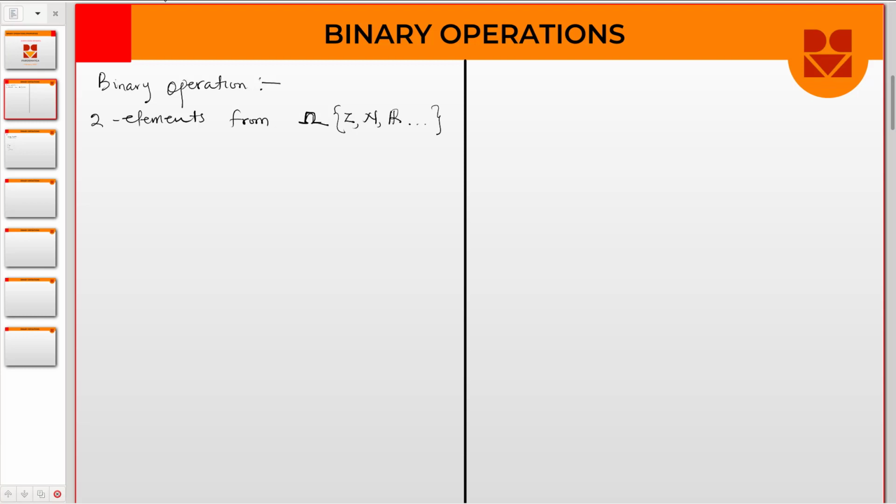Now, these two elements from this set, and then the operation, you can use star, triangle, you can use anything to represent the operation.